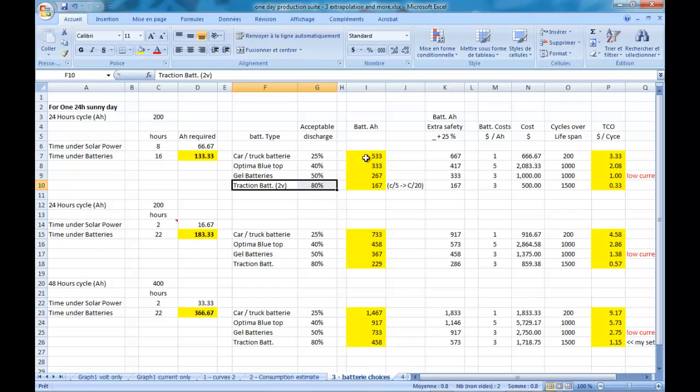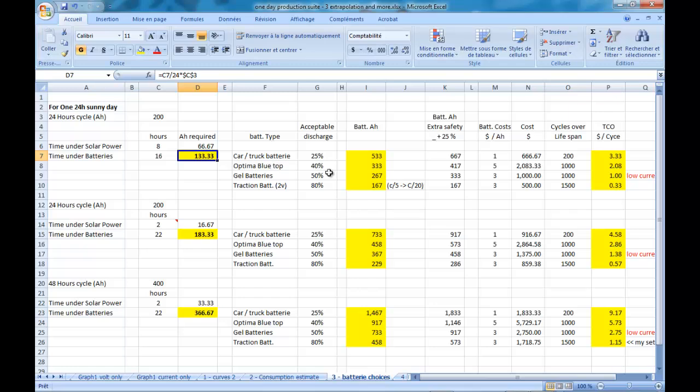They're really deep discharge batteries. So this is what we need, and we need to have a battery strong enough to provide this only on 20% of the battery. If you have a car or a truck kind of battery, like a starter battery, then you will need a starter battery of 533 ampere hours to provide this 133 amps without damaging the battery.